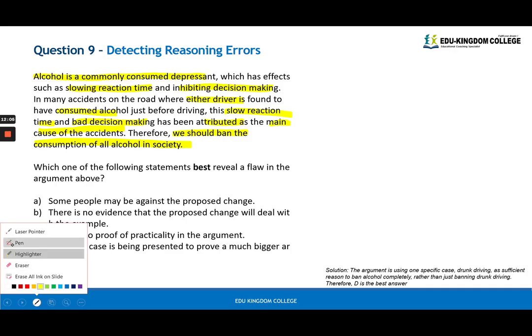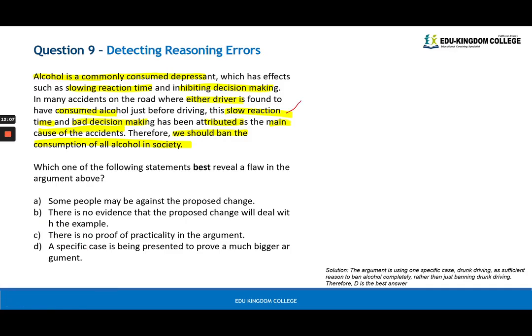What is the flaw? Just because we have drivers who have consumed alcohol just before driving and have these traits, does that necessarily mean that all alcohol must be banned in society? No, okay, because alcohol may have other potentially good effects or other purposes than just being bad for driving.